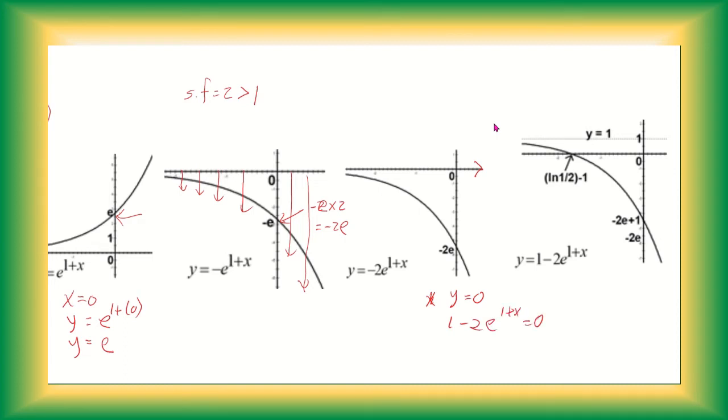So now e to the power of 1 plus x is equal to 1 over 2. In order to find x, we use ln. So it is ln 1 over 2. So x is equal to ln 1 over 2 minus 1. So now we can label the new x-intercept as ln 1 over 2 minus 1. So finally, that is the curve.